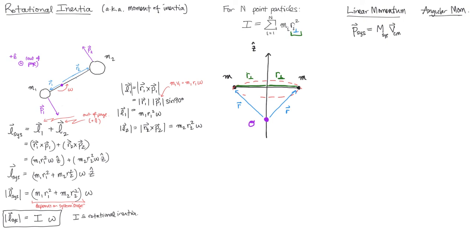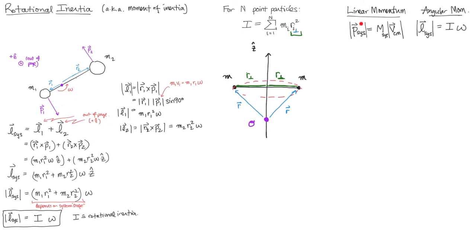In angular rotation, due to the rotation of an object about an axis or about a fixed point, we just found that the angular momentum of a system is equal to I omega. And here we really only specified the magnitude. So let's take the magnitude in these cases and compare those.